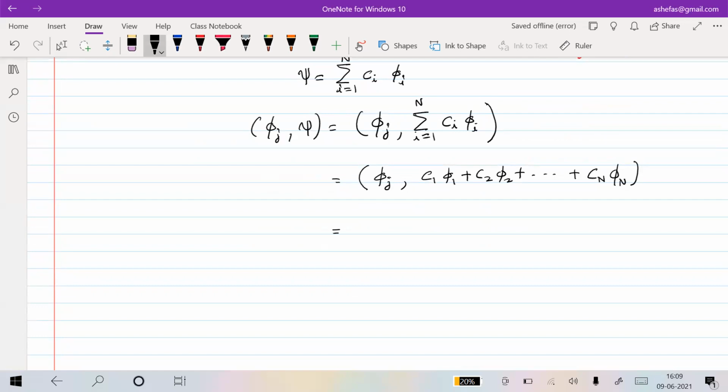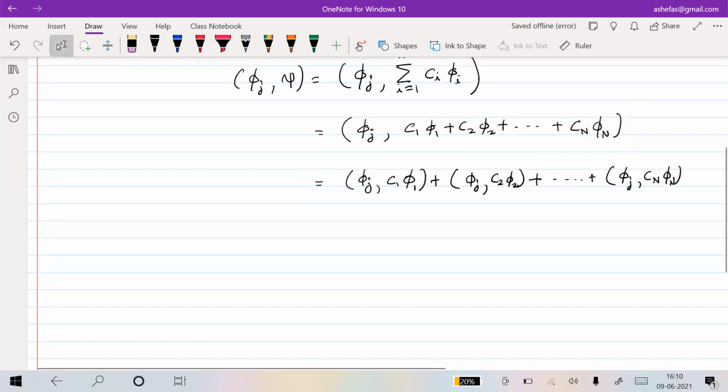So using the distributive property, we can write this as phi j, comma c1 phi 1, plus phi j, comma c2 phi 2, plus phi j, comma c3 phi 3, up to phi j, comma cn phi n.